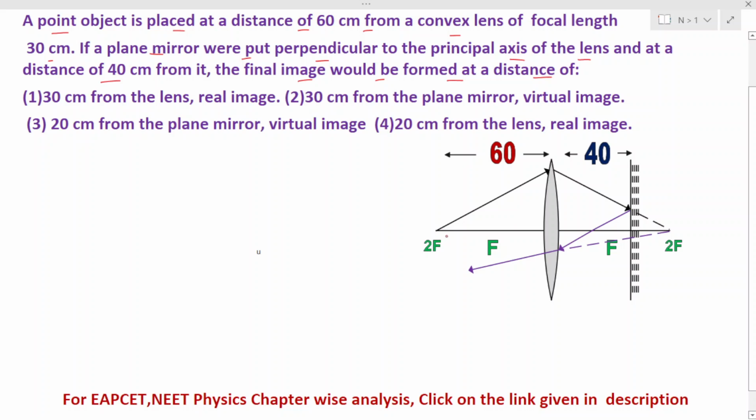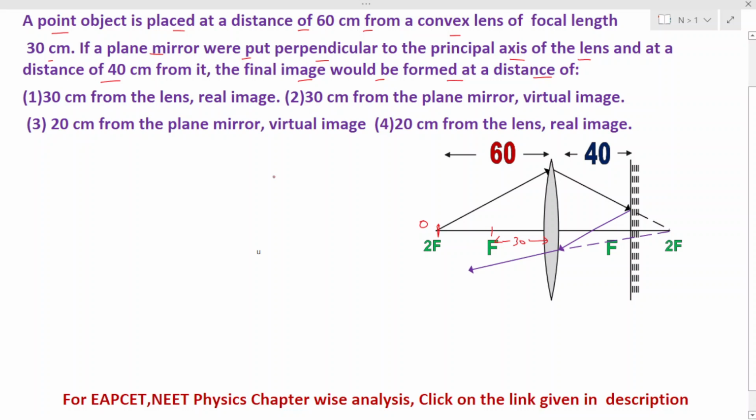So what did he give? He told that this is a convex lens for which he placed an object at a distance of 60 centimeters from the pole of the convex lens, and he told that the focus of this convex lens is at a distance of 30 centimeters.